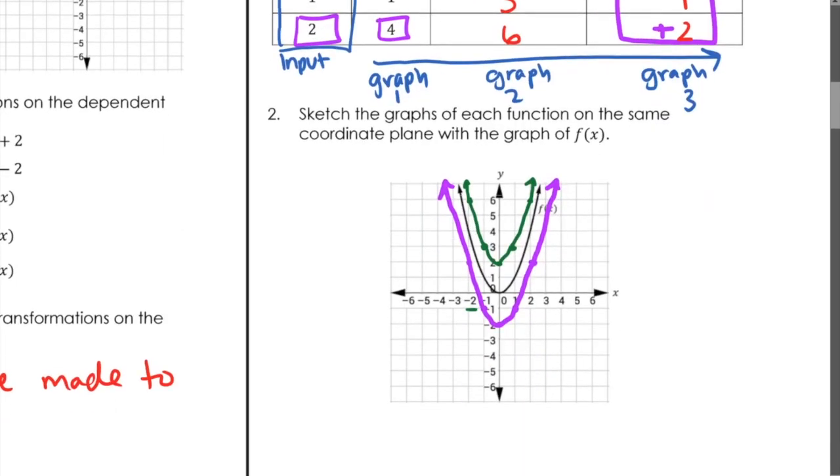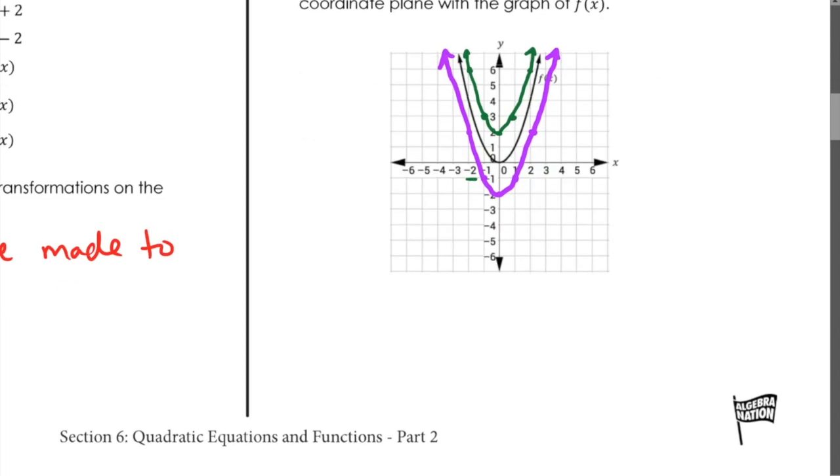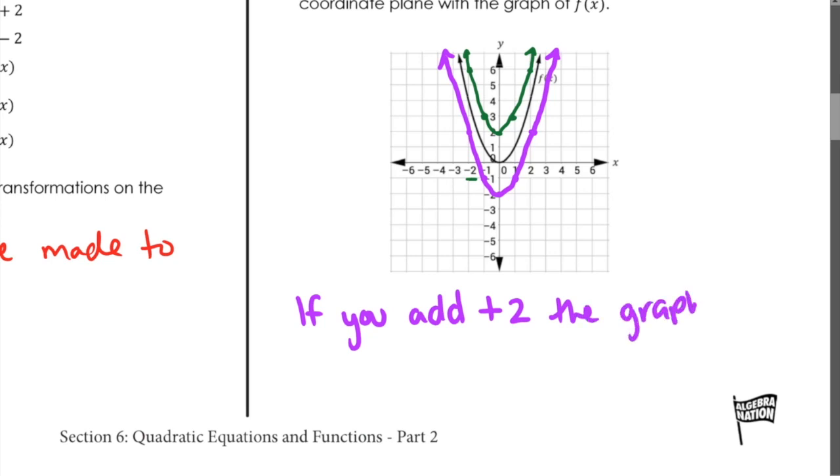So that goes to tell you, if you add 2, the graph will move up 2 on the y-axis.